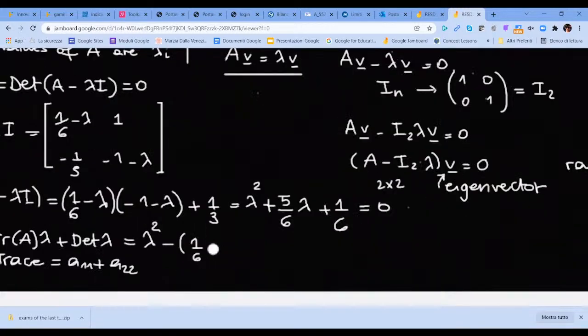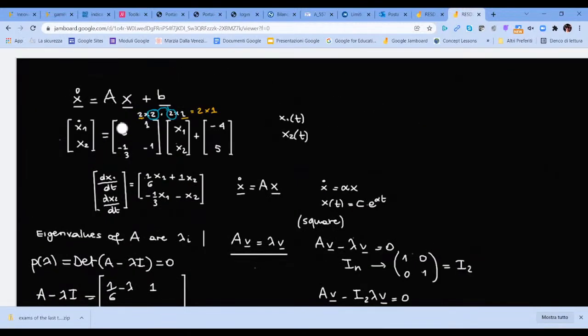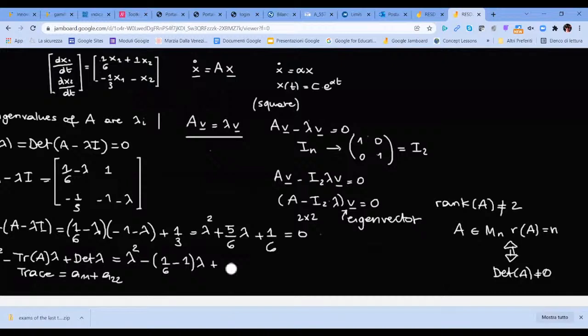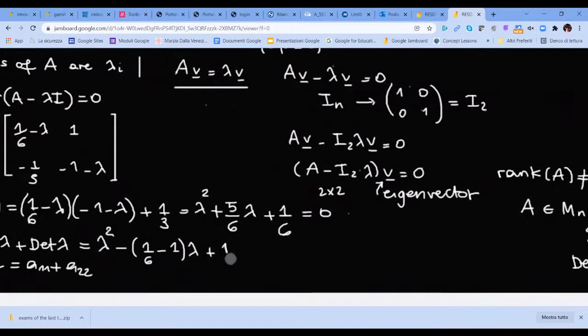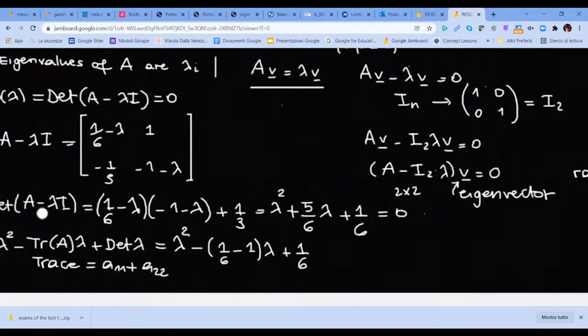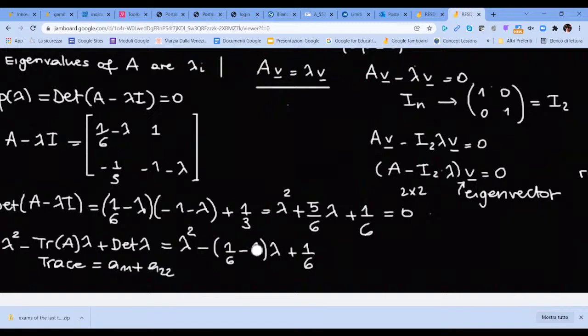Okay, minus 1 times lambda plus the determinant of A, and the determinant of A is minus 1/6 plus 1/3, so it is 1/6. Okay, so this is the determinant of A minus lambda I. But this is a formula that it is maybe quick here.